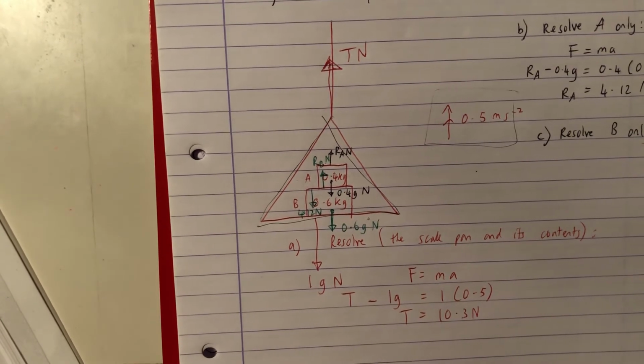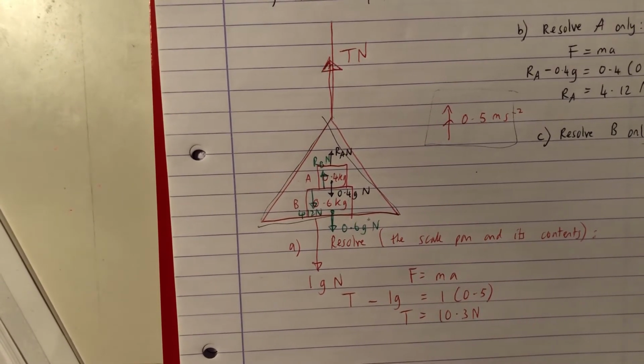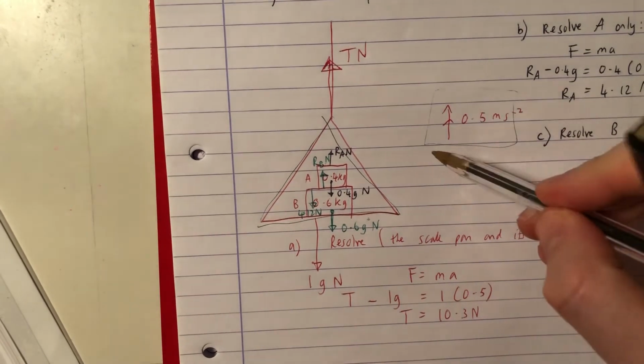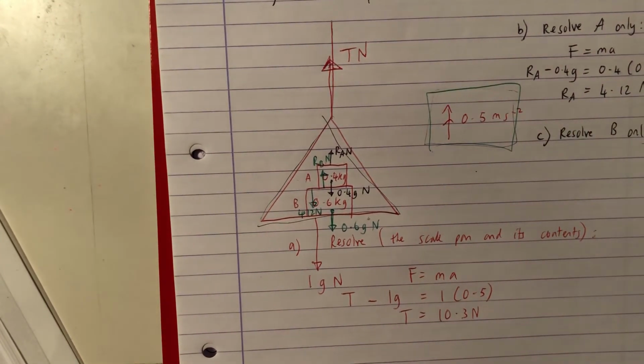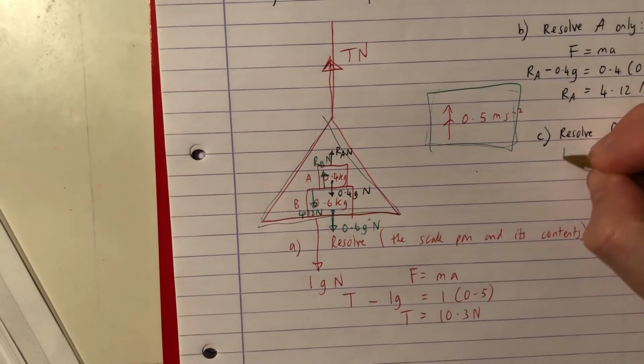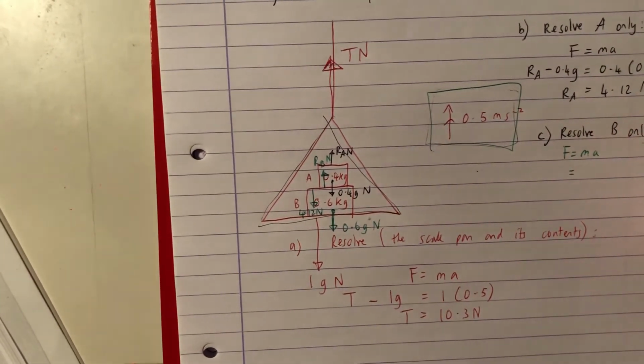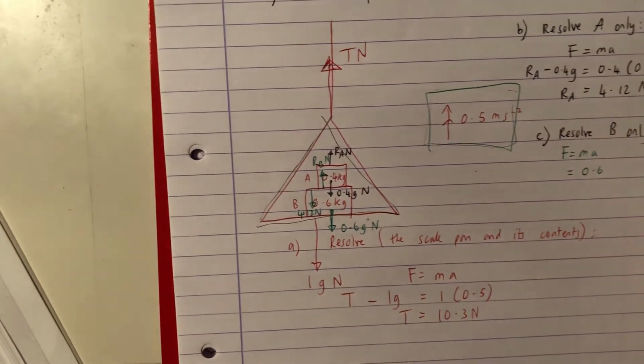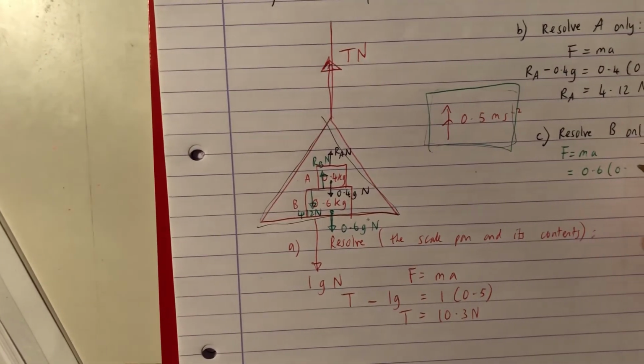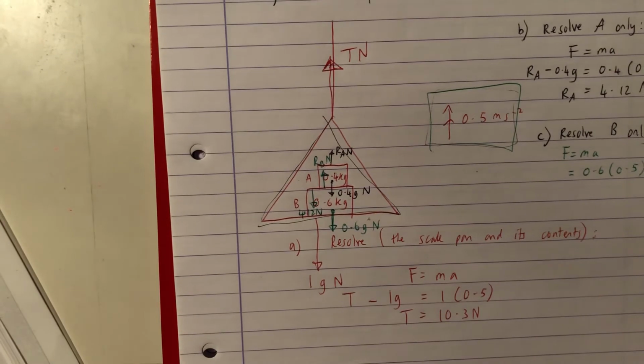And those forces labelled in green are the only forces acting on object B. And remember, object B is accelerating. F equals ma. Mass of object B, 0.6. Acceleration of object B, 0.5.